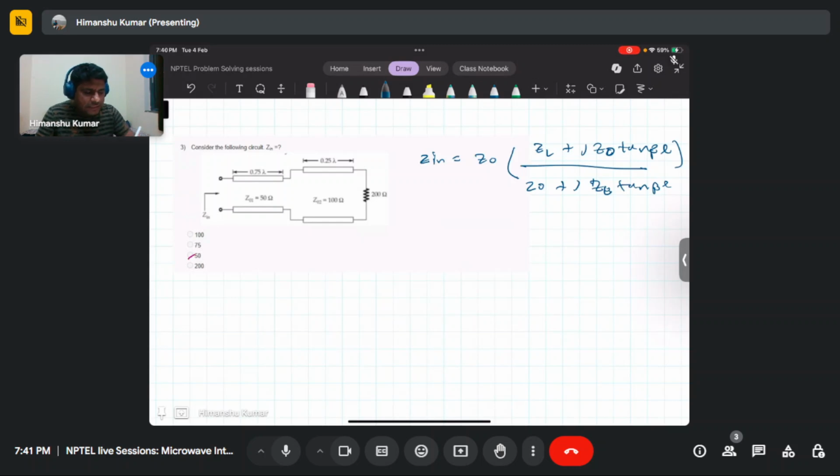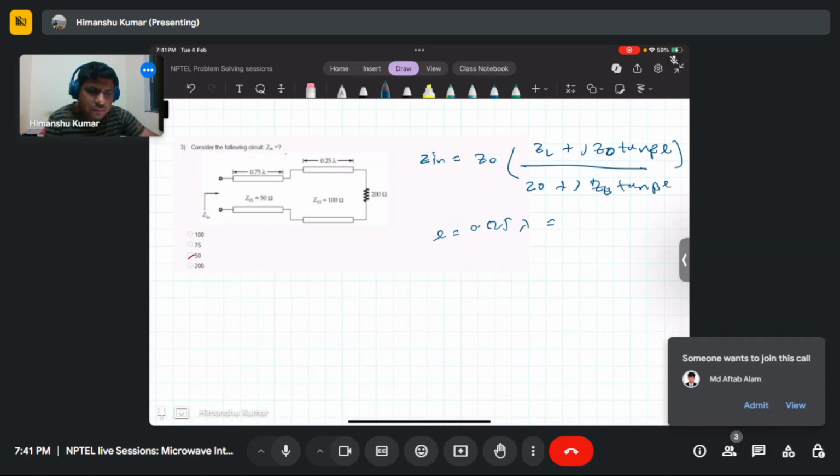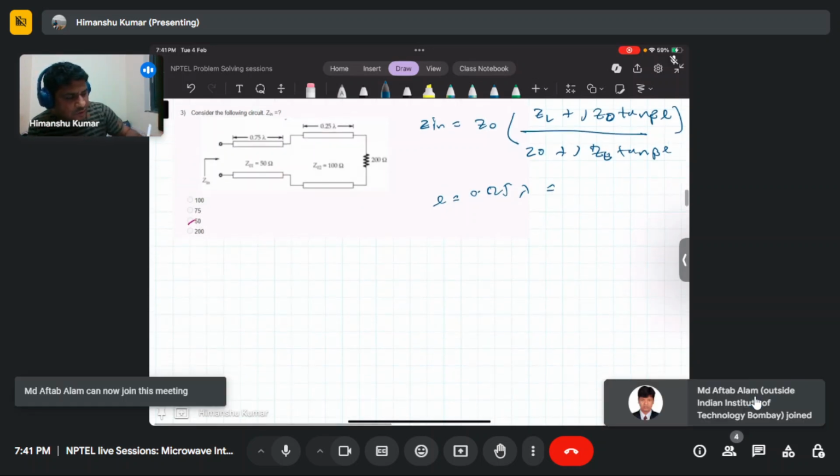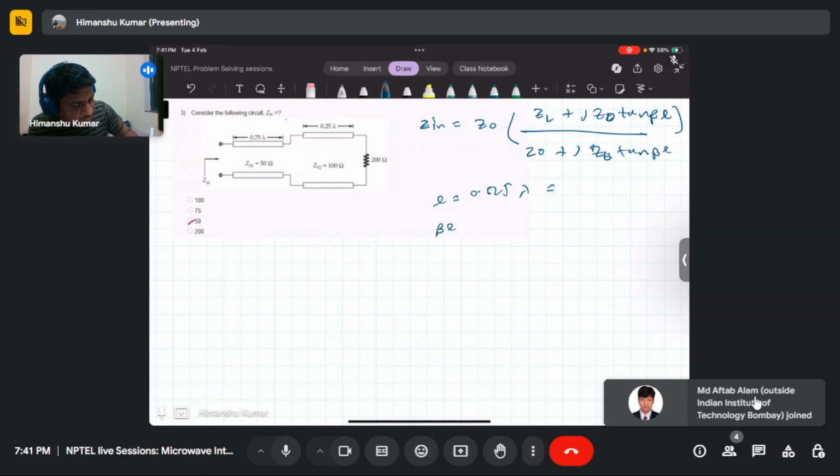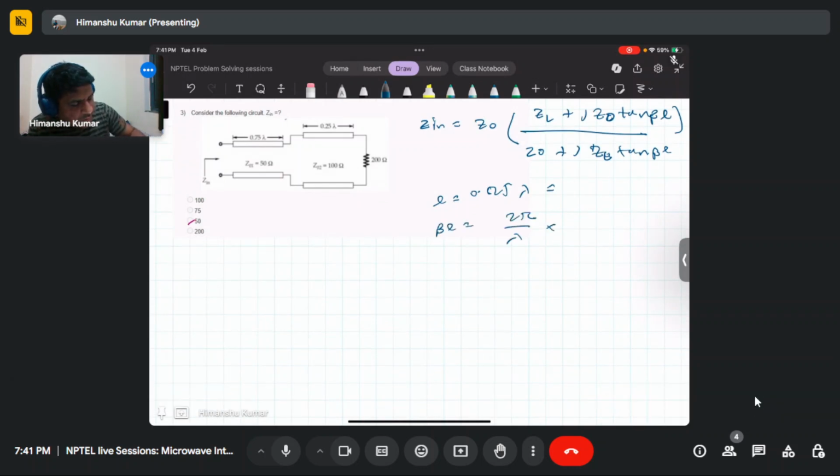And if you take, for this quarter wave line, L equals 0.25 lambda. So for 0.25 lambda, you can write beta L equals 2 pi by lambda multiplied by 0.25 lambda. This lambda will get cancelled and this will become pi by 2.